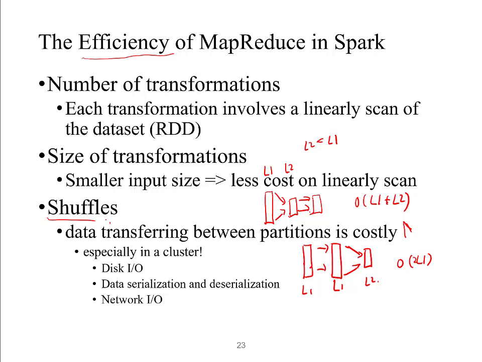So there are a couple of ways to achieve the goal. First off, for example, we can reduce the amount of data transferring between partitions, or say across partitions.